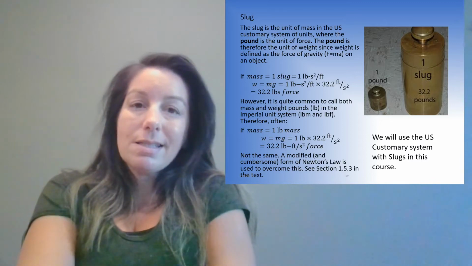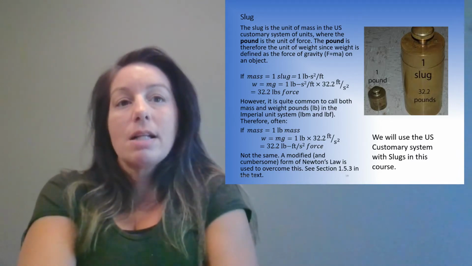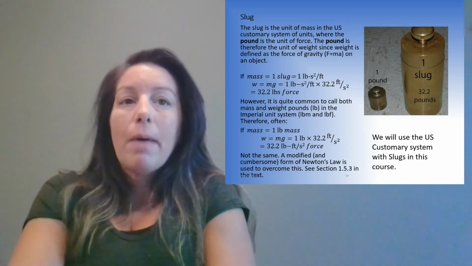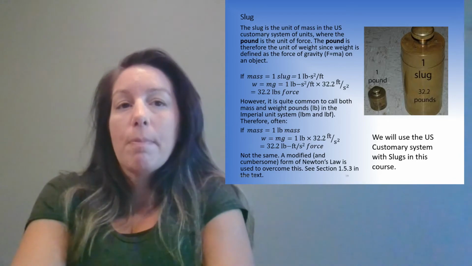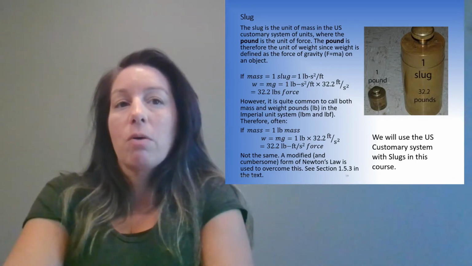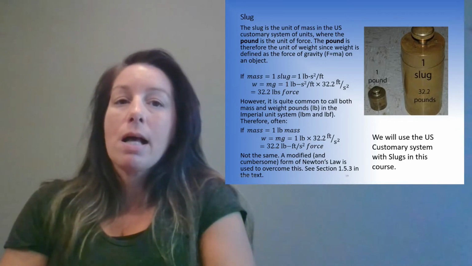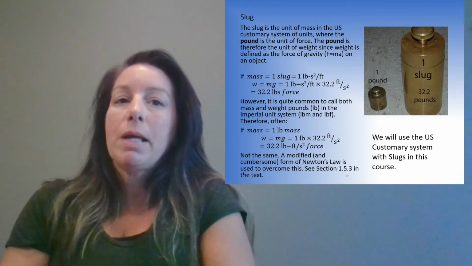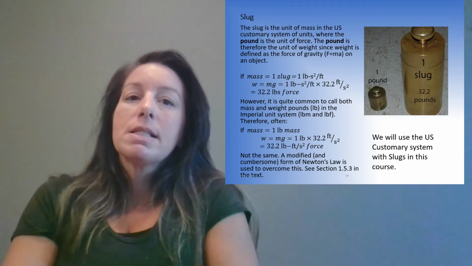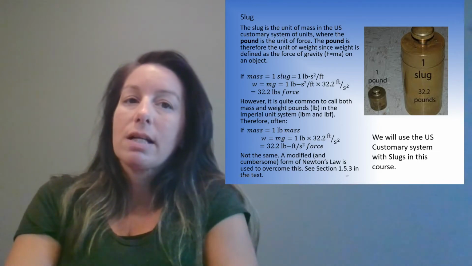And you'll see this on specification sheets for things. You'll see lbm, that's pound mass, and you'll see lbf, which is pound force. So often, 1 pound mass, 1 lbm, is equal to 32.2 pounds foot per second squared force.